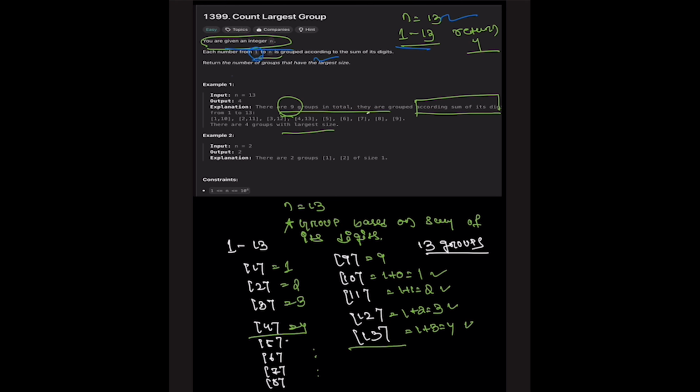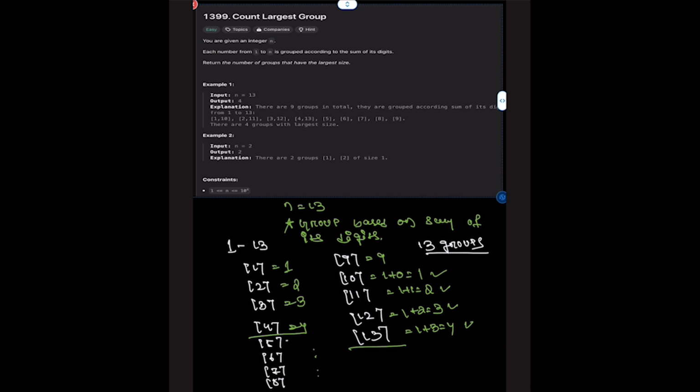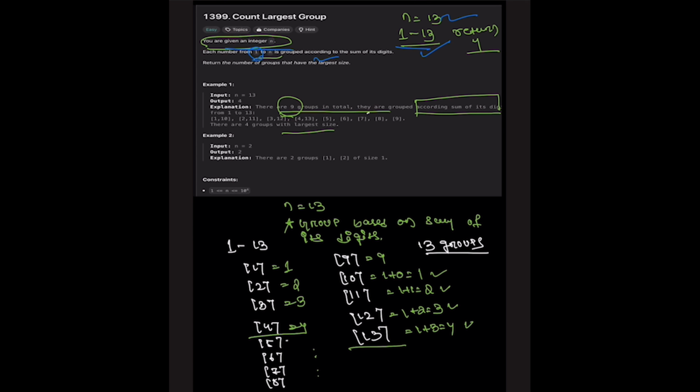We have to return the largest group size. We run up to 13, and the largest size means we have to return 4. For the 2-digit numbers, the highest size occurrence is 4, and we grouped them all by the sum of the digits.